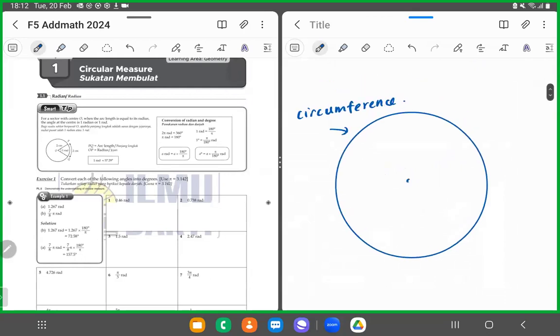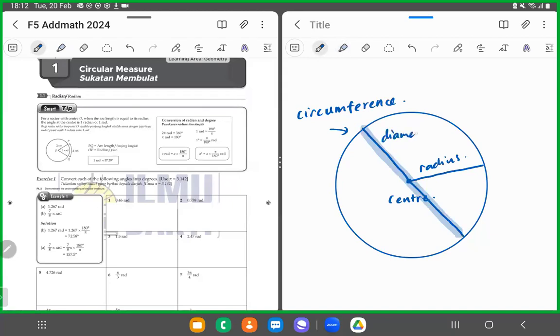Then in the circle we have a dot, which we call the center. From the center, you join a line to the circumference. We call it the radius. Simple one, still remember? If you have double the radius, that means from the circumference, passing through the center, going to the other side of the circumference, this whole long line we call the diameter.